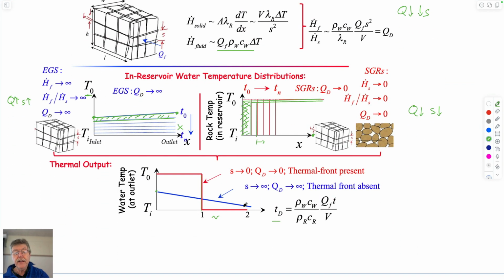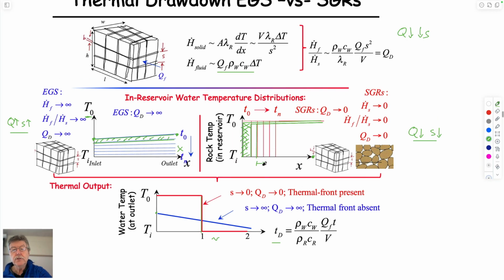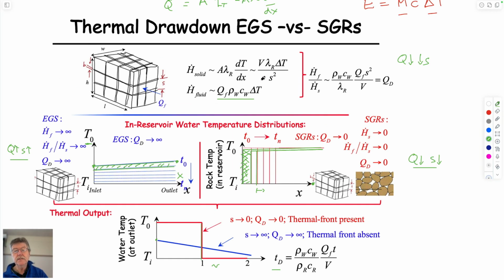And if we know the values of these projected flow rates and spacings, then we could say which one of these curves it would be, and we could make a prediction of what that longevity would be, whether it's a day or a year, 10 years or 100 years. So we can do a very simple analysis, which I didn't perhaps go through in much detail, to be able to do that.